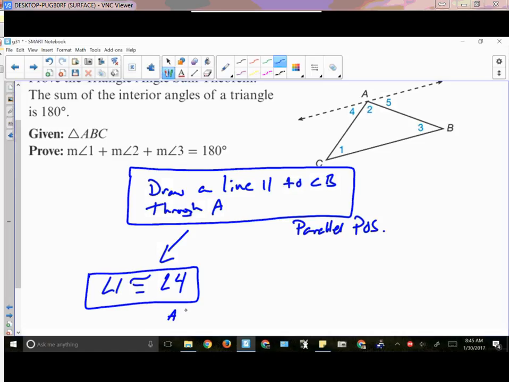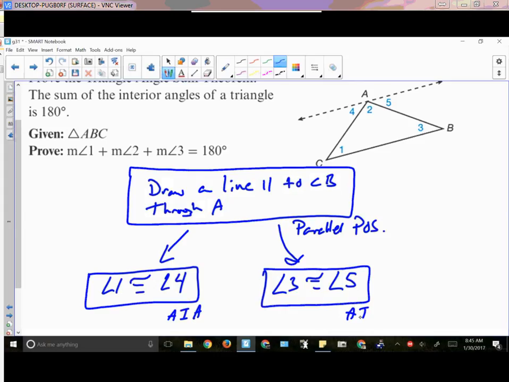Wouldn't that be AIA? Could I go and say that angle 3 is going to be congruent to angle, which one now? Okay. And that one is going to be by, again, alternate interior angles.